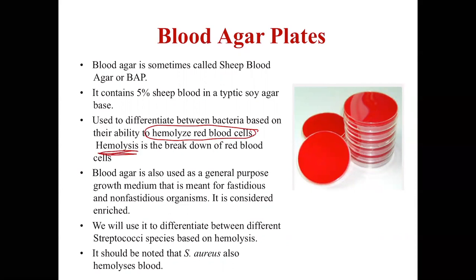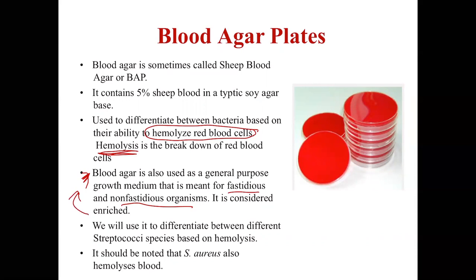Hemo is blood and lysis is breakdown, so hemolysis is a breakdown of red blood cells. Blood agar is used because it's very rich and it's good for fastidious and non-fastidious organisms. So if you had to give me the name of an enriched media, you would say blood agar.